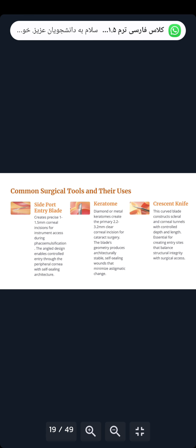The blade's geometry produces architecturally stable, self-sealing wounds that minimize astigmatic changes. So the benefit is this type of surgical device will minimize the astigmatic changes in your patient's eye. Look at the last one.